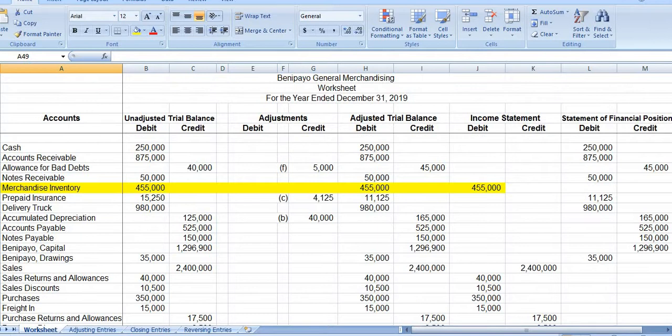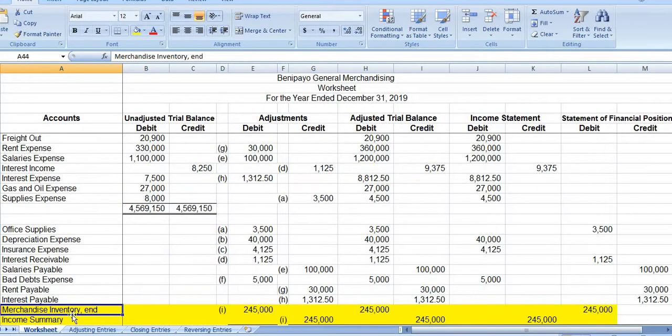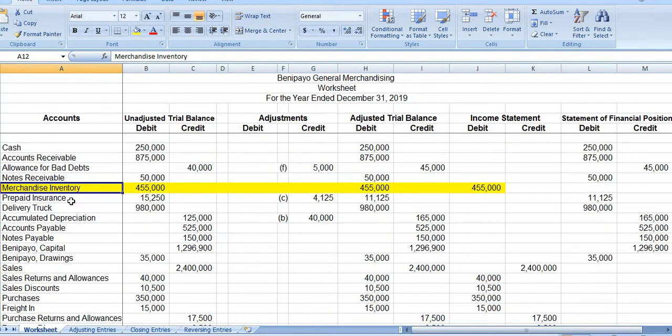Another important thing is about this merchandise inventory. This merchandise inventory end and this income summary, which I all highlighted in yellow. This merchandise inventory of 455,000 is actually the beginning inventory of the year 2019.